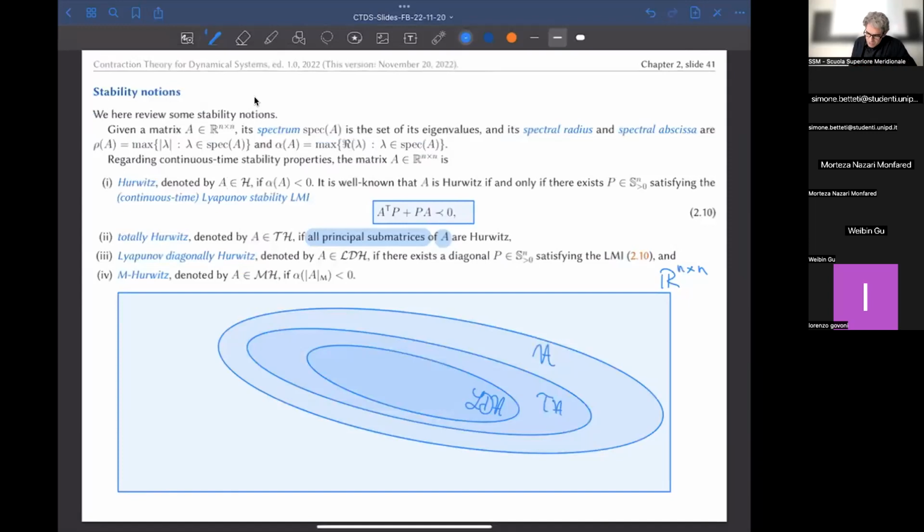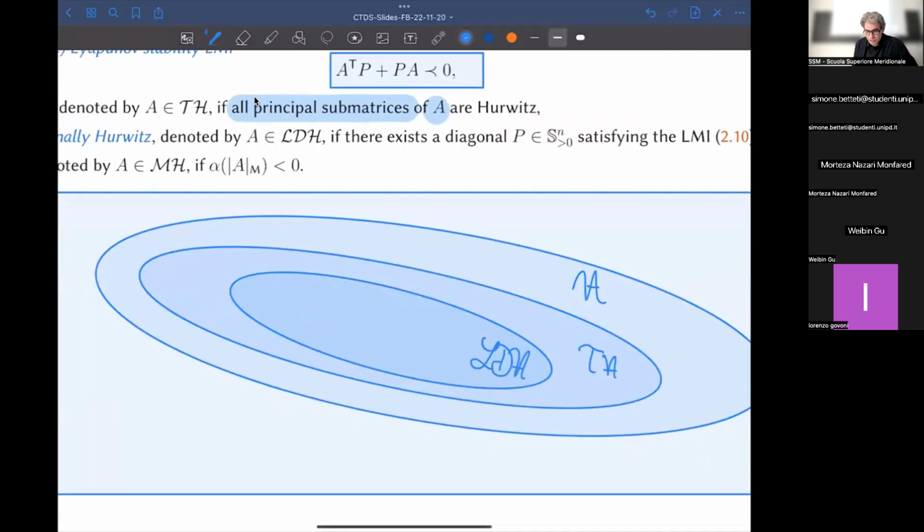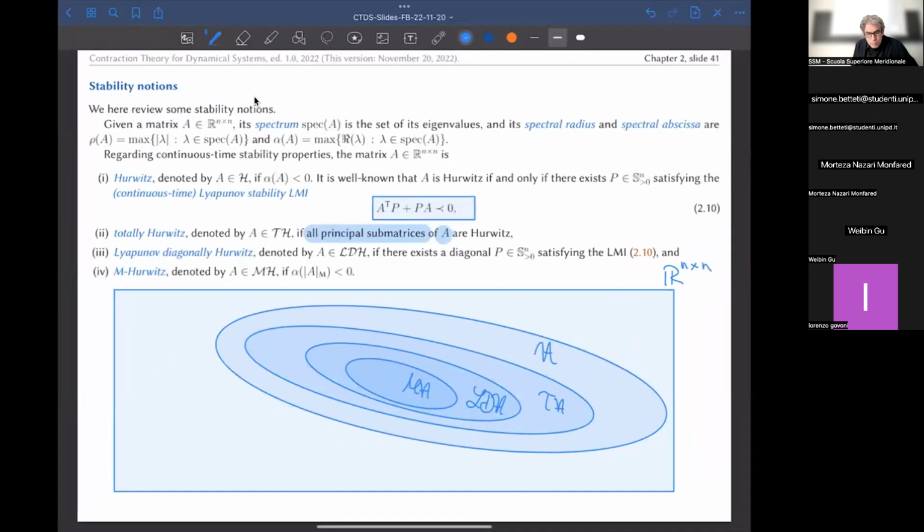And then there is one more and final stability notion, and that is called MH. Those are matrices whose Metzler majorant is Hurwitz. So you give me A, I compute A Metzler, so I take the absolute value of all of the off-diagonal entries, and now that matrix is Hurwitz. Does that make sense?